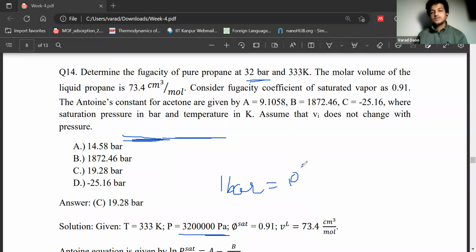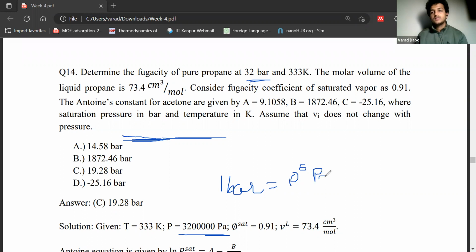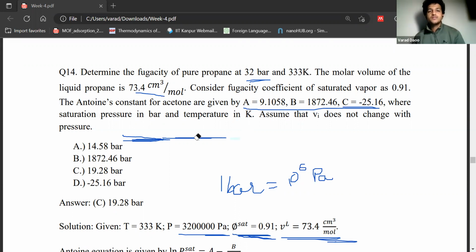We are given phi as 0.91, and VL as this. This has all been given to us in the question. We are also given the Antoine constants.